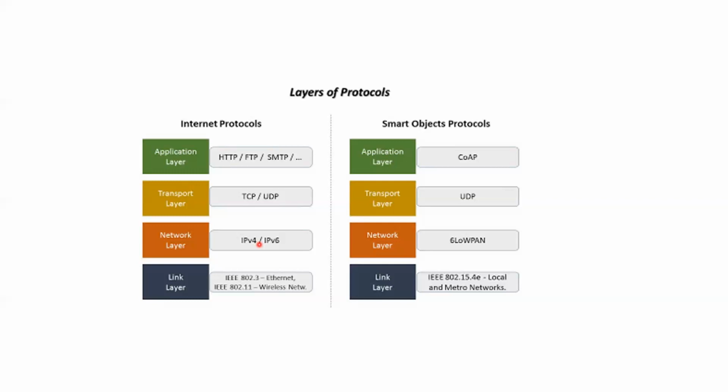Generally, this operates at 2.4 gigahertz, and all of you know 2.4 gigahertz is a license-free ISM band. The data transfer rate provided with the help of this is almost 250 kilobits per second. As we have seen earlier, the standard in the link layer is 802.15.4.